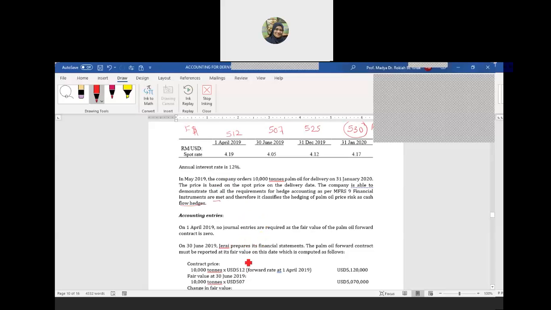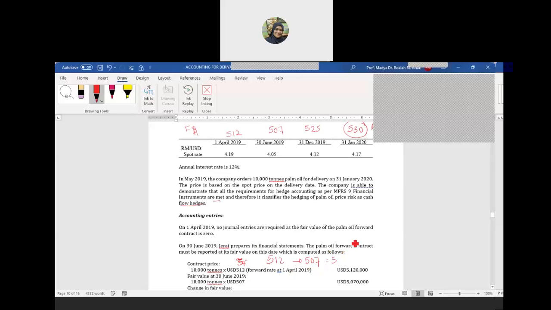We start with 512. Okay, this is the price on 1st of April. Now the price is reduced to 507. When the price is reduced, the difference that you have here is equal to 5.